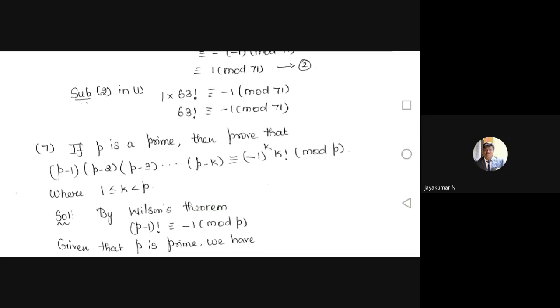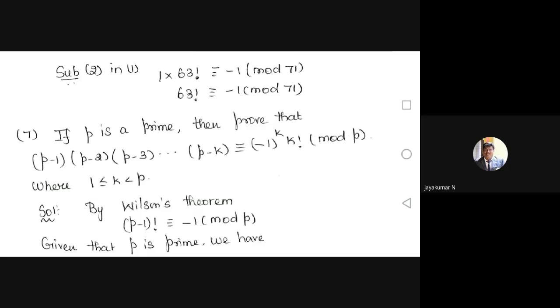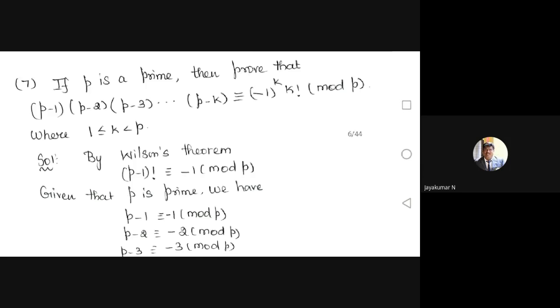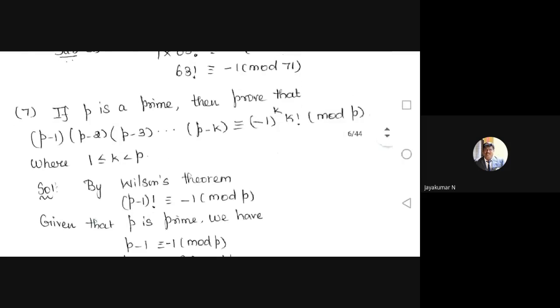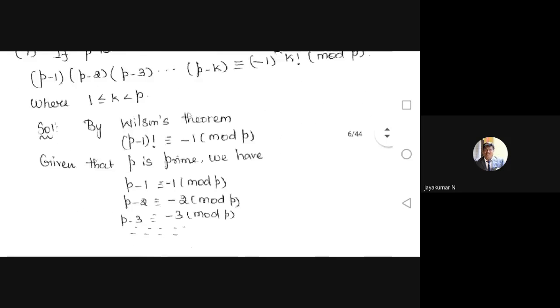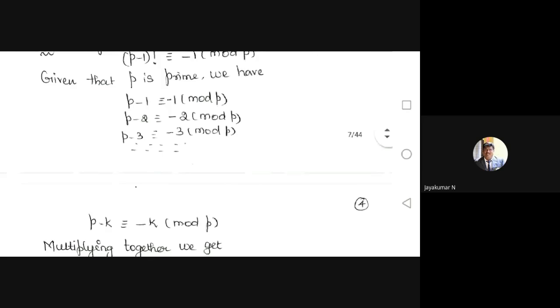So we know the Wilson theorem. Statement of Wilson theorem: if P is prime, then P minus 1 factorial is congruent to minus 1 mod P. Now, P minus 1 factorial can be expressed as P minus 1 into P minus 2 into P minus 3 into up to 3 into 2 into 1.